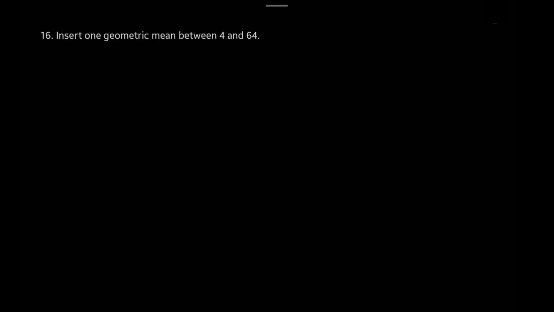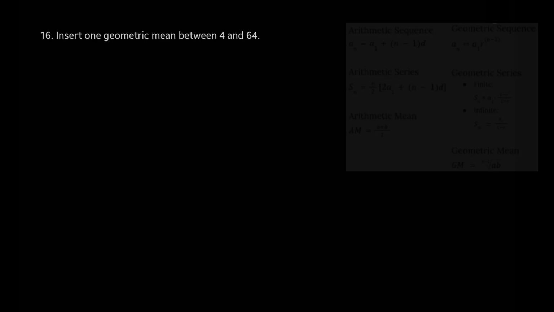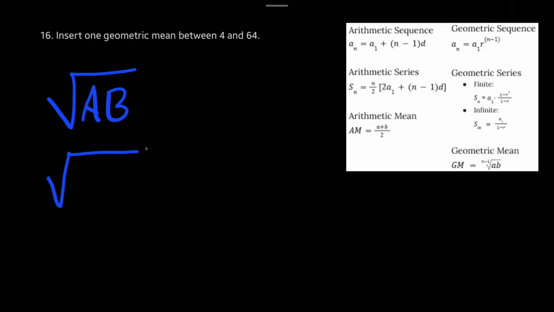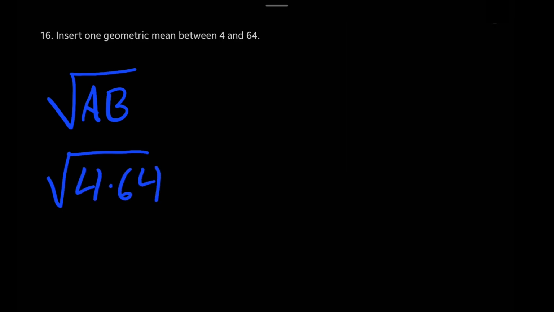Insert one geometric mean between 4 and 64. Alright, in order to solve geometric means, we'll be using the formula square root of A times B. When we put this in, 4 times 64 would be 256, and the square root of 256 is simply 16.